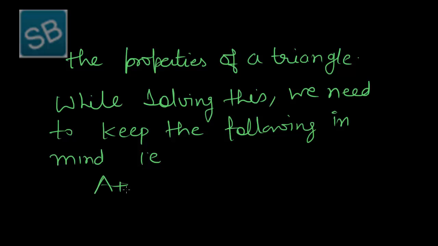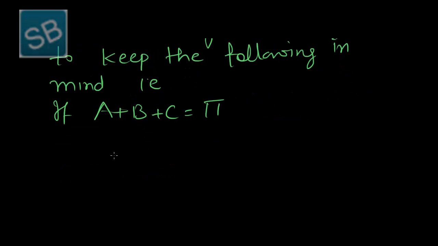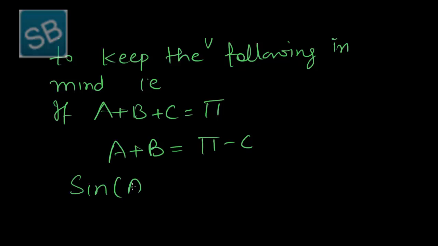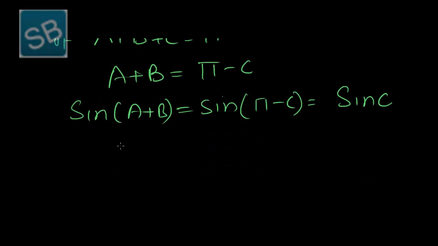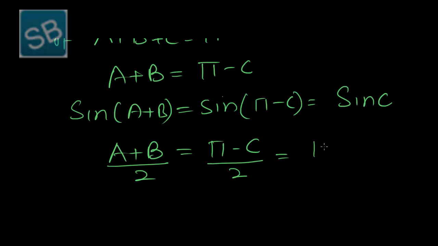That is, if a plus b plus c is equal to pi, then we can change the angle a plus b to pi minus c, or we can say sine of a plus b is replaced by sine of pi minus c, that is further sine c. Or we can also change: if we have a plus b is equal to pi minus c, on dividing by 2 we get pi by 2 minus c by 2.